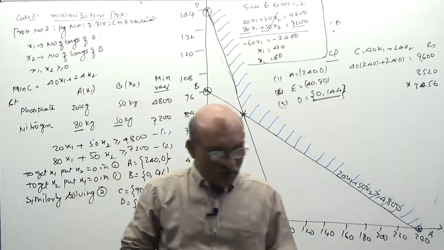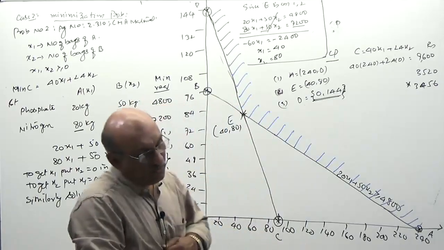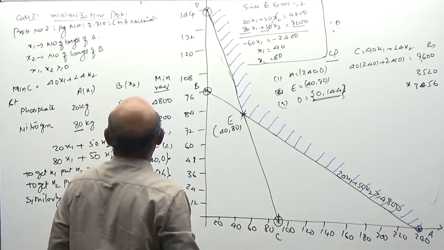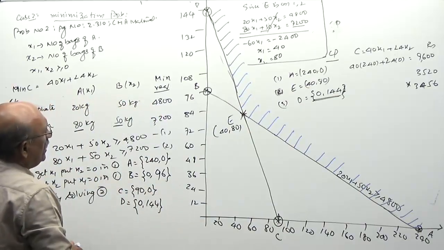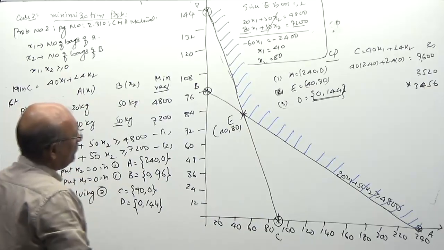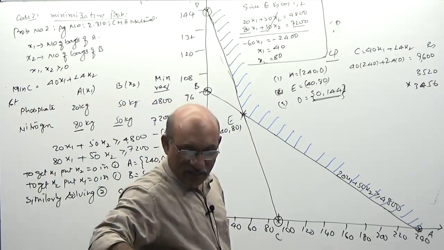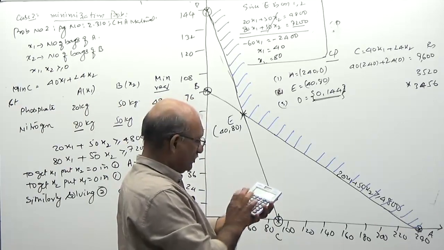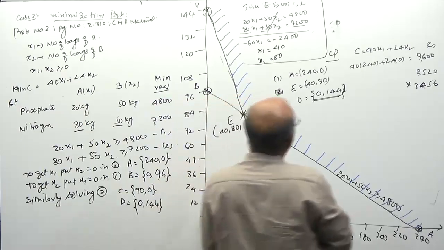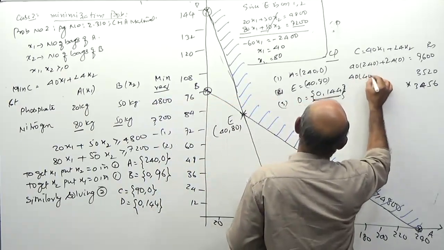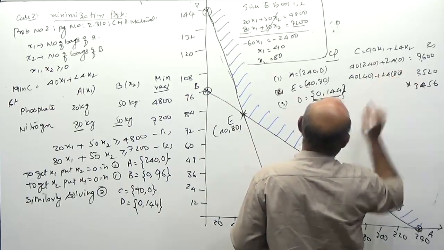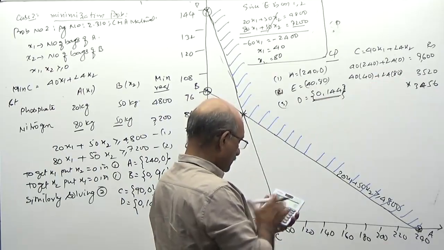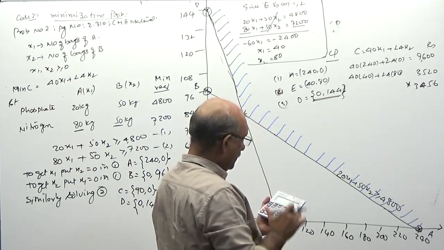The solution is 144 bags of B he has to purchase to minimize the cost. Let me check the calculations one more time to be on the safe side. 40 into 40, 1600, plus 24 into 80 gives 3520.